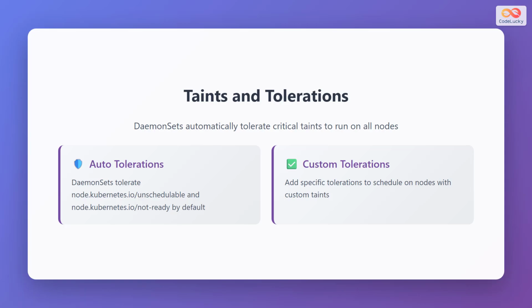This ensures DaemonSet pods can run even on nodes that are temporarily unavailable or not accepting regular workloads. You can also add custom tolerations to your DaemonSet specification to allow pods to run on nodes with specific custom taints. This is essential when you have dedicated nodes for special purposes that are tainted to prevent regular workloads from running on them.